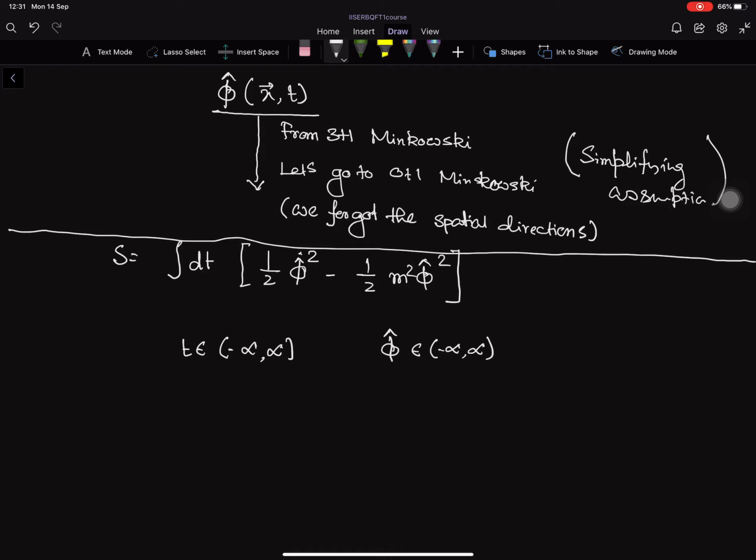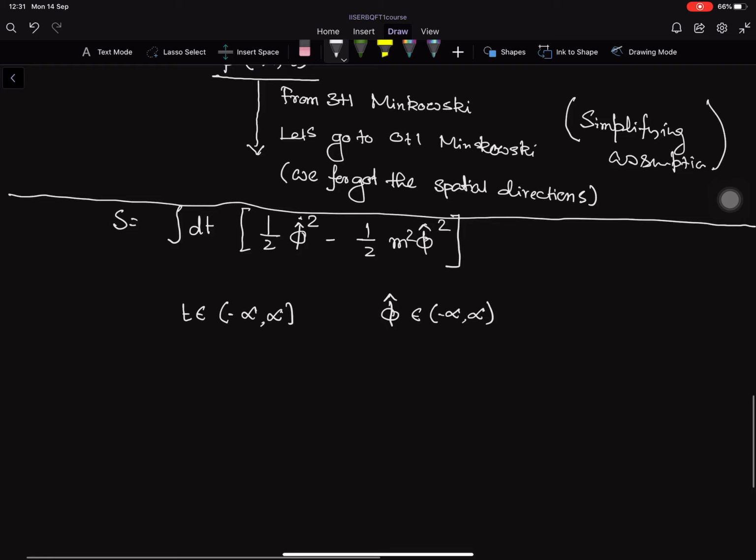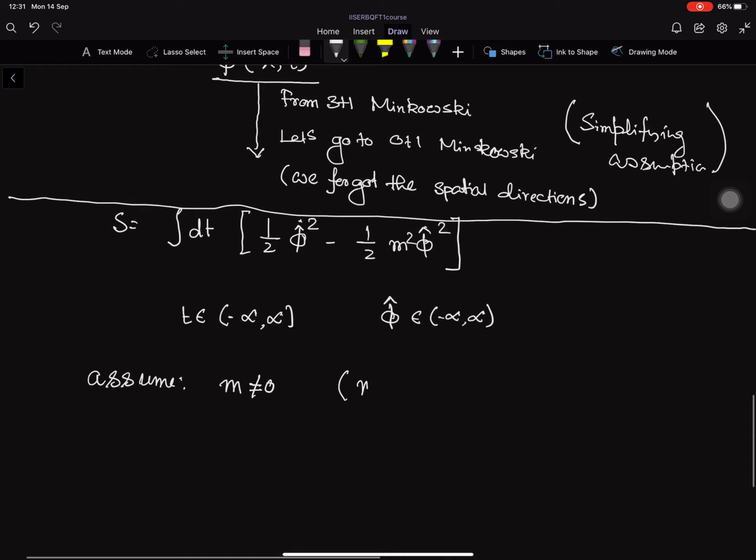Now, another thing before we move on to the discussion: we assume that m is not equal to 0. M equal to 0 is a subtle case. We have to discuss it separately.